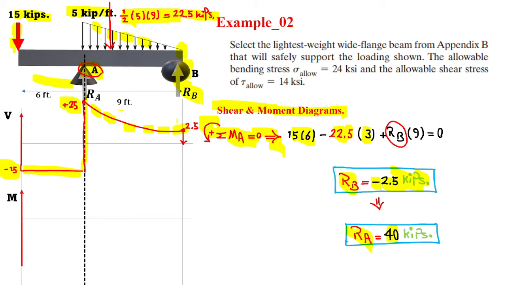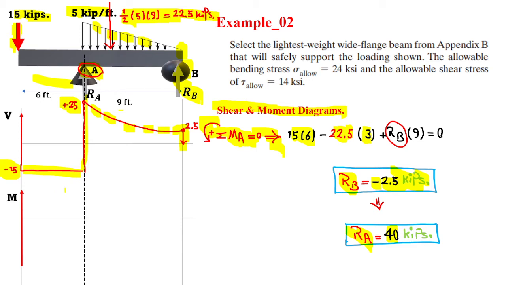Then a horizontal line has a slope of 0, and it's not coming all the way down because the area under here is 22.5. If you subtract that from 25 over here, it just gives you an extra 2.5, which is the negative direction for RA, responsible for the same amount in a different direction, and it just gets us to the origin.